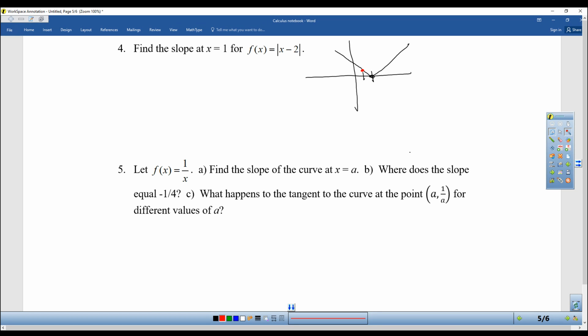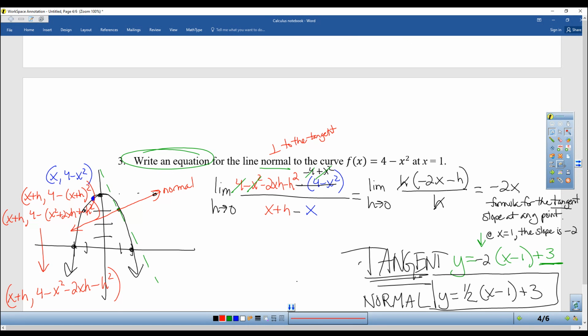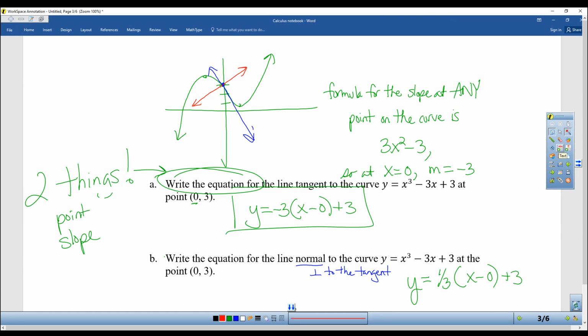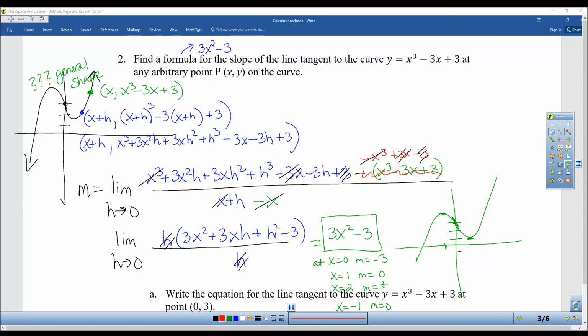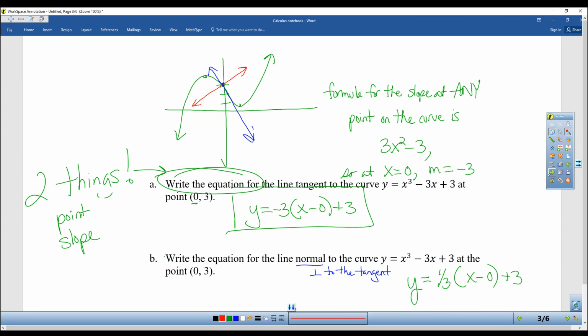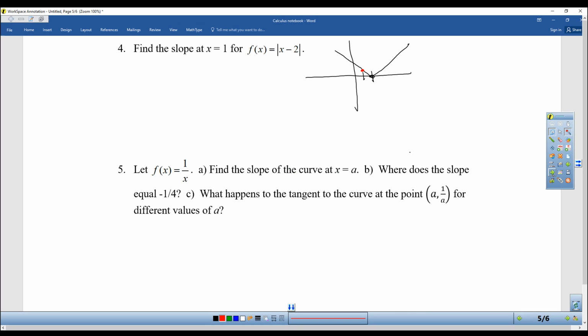All right, you ready to be excited? Whenever you have an absolute value graph, you do not need to do this long, awful limit method, right? Oh, that wasn't even on that page. Look at that. Look at all that work. You don't have to do it because absolute value graphs are simple.